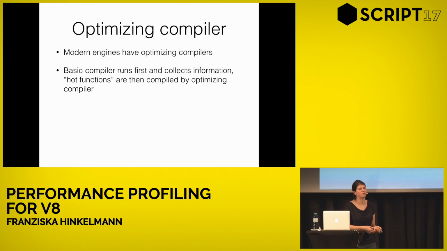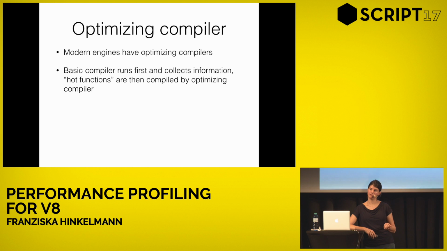So into play comes an optimizing compiler. All the bigger engines have at least two compilers. You always have a baseline compiler, and then you have one or more optimizing compilers. The way this works is you start off compiling your JavaScript with the slower baseline compiler, and the baseline compiler keeps track of which functions you're using a lot.